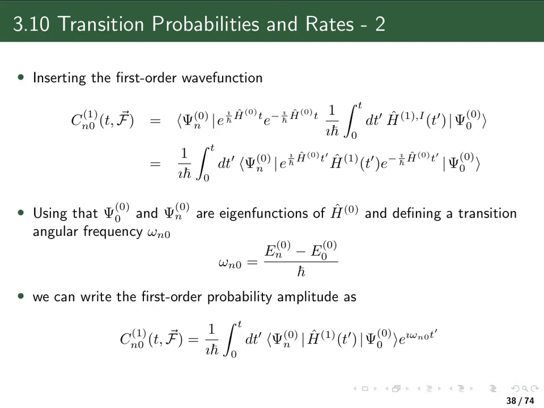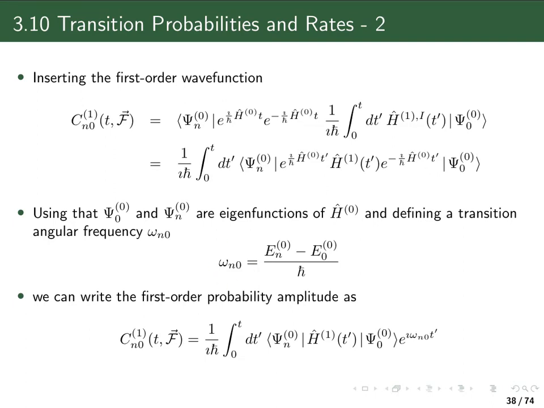Then the exponentials are no longer operators, but just numbers. So I can move them together, and also move them out of the integral over positions of the electrons. If I then combine them, here we have a minus sign and here a plus sign, so we get En zeroth order minus E0 zeroth order, divided by h bar.